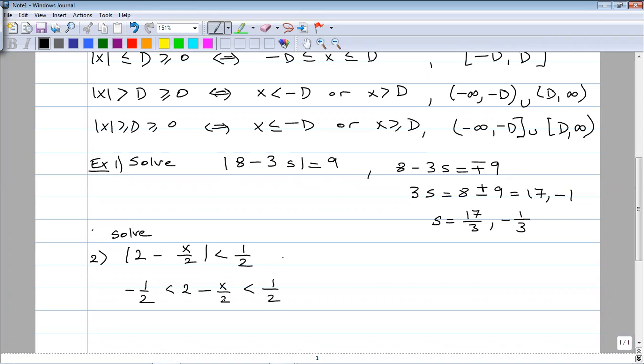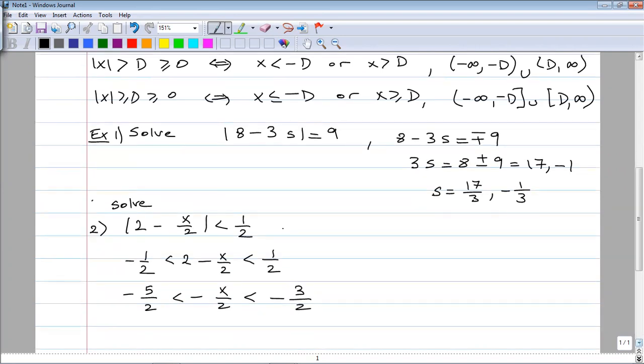So if you add minus 2 everywhere, minus 5 over 2 less than minus x over 2 less than minus 3 over 2. And now to obtain x, you need to multiply by minus 2. But remember, when we multiply with a negative number, the inequality changes direction. So x is between 3 and 5. It means the solution is the open interval from 3 to 5.